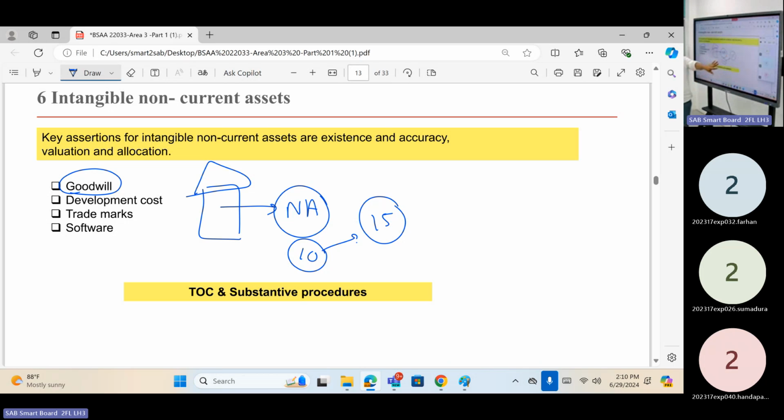They can see this 10 million, but they are paying 15 million. Why are they paying this much? For the unrecognized goodwill, unrecognized trademark, unrecognized internally generated goodwill. There's a kind of earning power, a customer base to evaluate, that is not in our books. For that they are paying another 5 million.